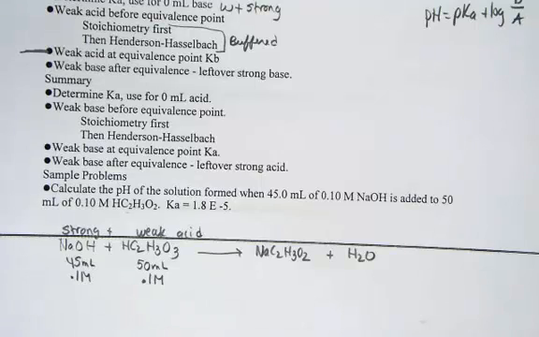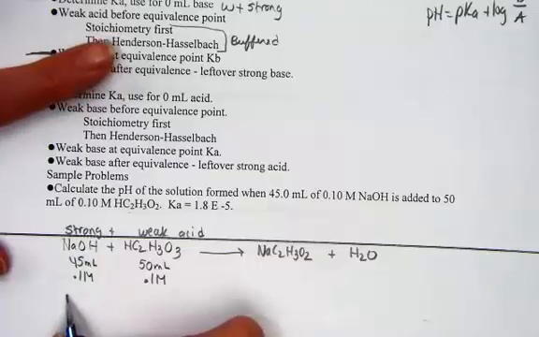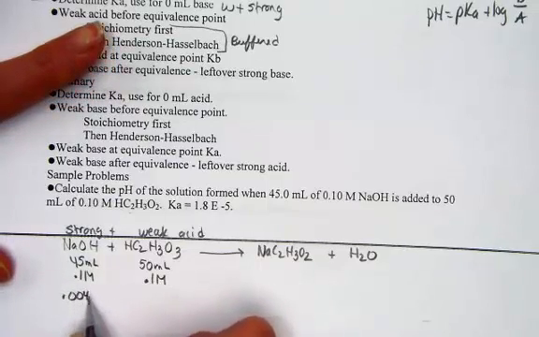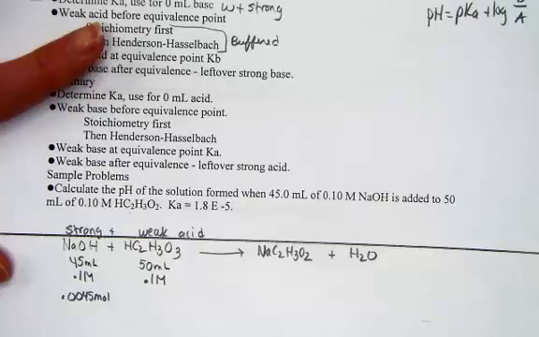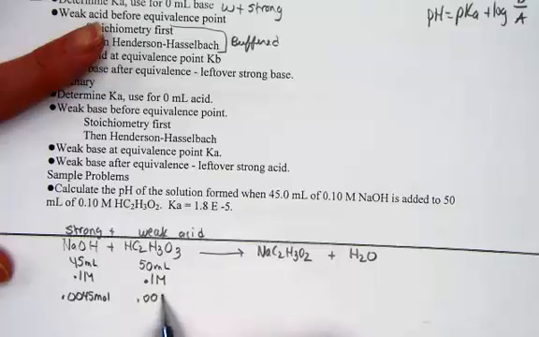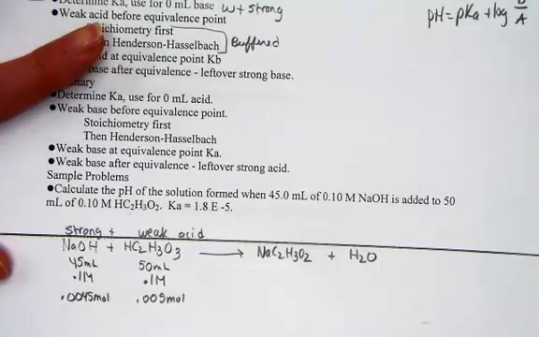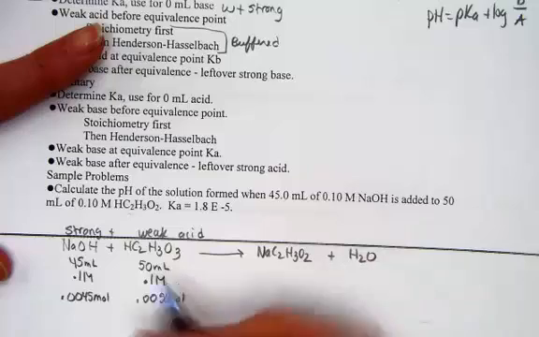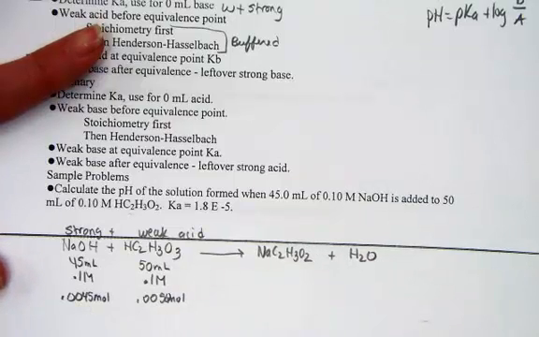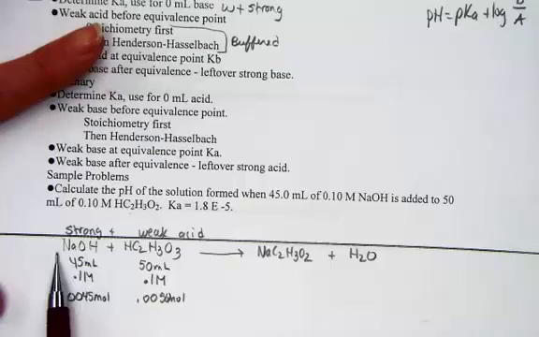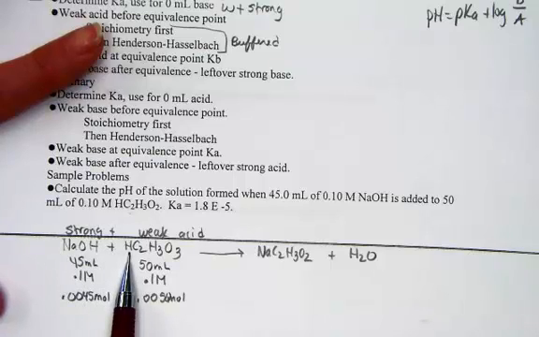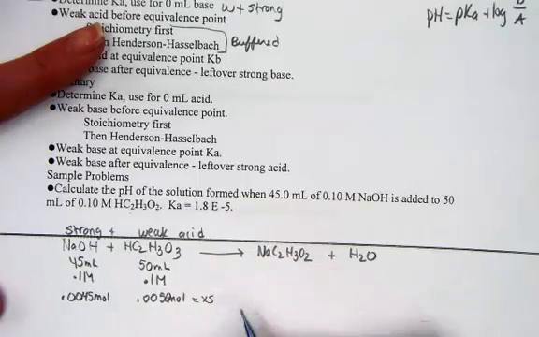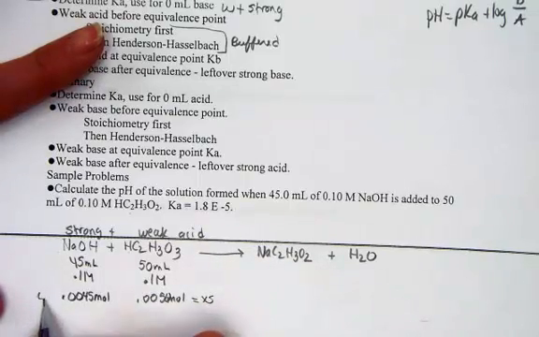So I hit 0.045 times 0.1 and I get 0.0045 moles of our base. 0.05 times 0.1 pulls out 0.005 moles of the acid. Think of this in terms of millimoles of being 45 compared to 50. The perfect ratio is a 1-to-1 stoichiometric ratio. We have a 45 to 50. So therefore, we have excess amounts of acid, and the limiting reagent would be the strong base.